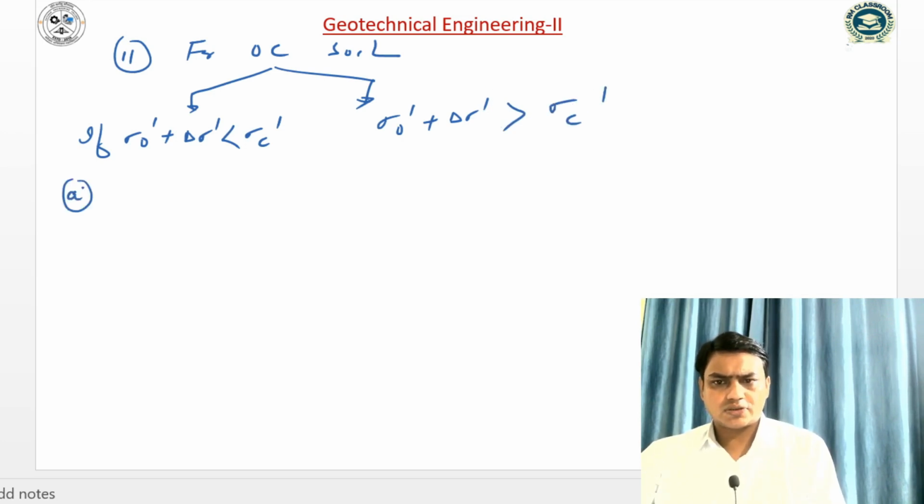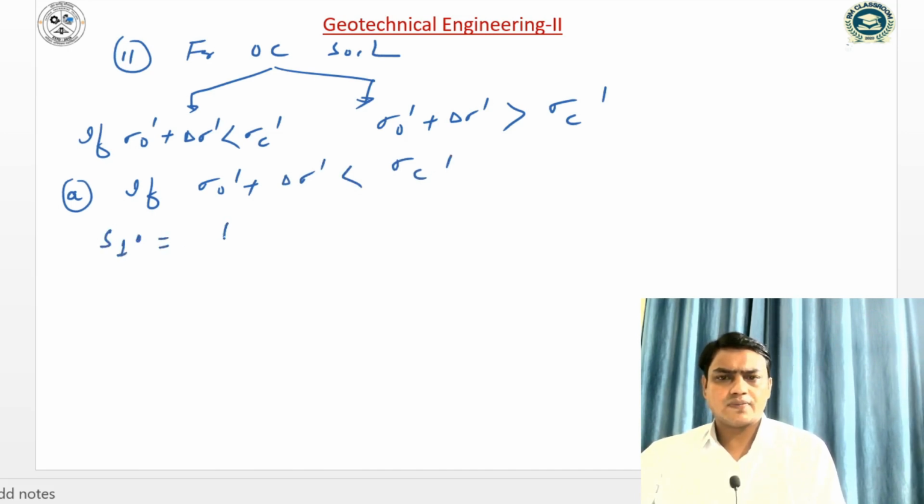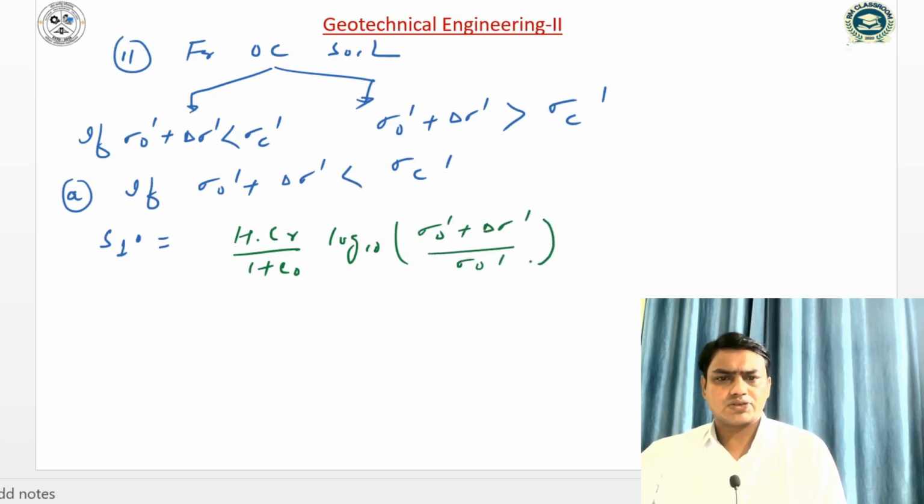So the first case, if sigma 0 dash plus delta sigma dash is less than pre-consolidation stress, in that case consolidation settlement is equal to H into Cr divided by 1 plus e naught log 10 of sigma 0 dash plus delta sigma dash divided by sigma 0 dash.